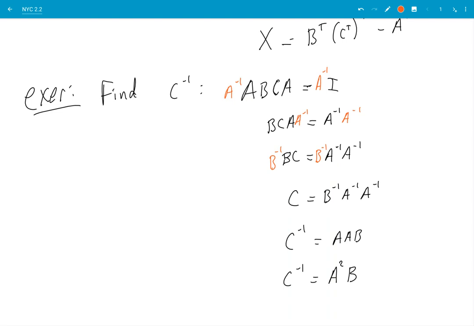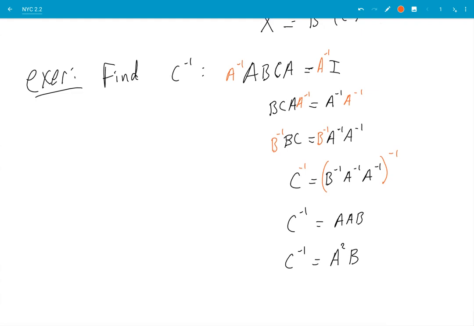And then I inverted both sides, reversing the order here, inverting everything. And there's my answer there.